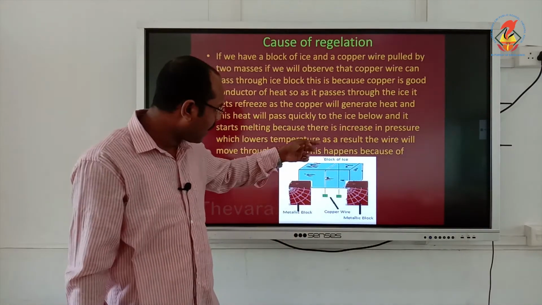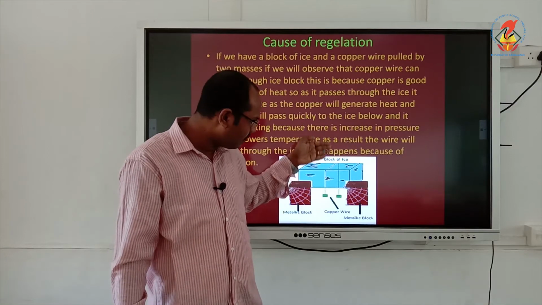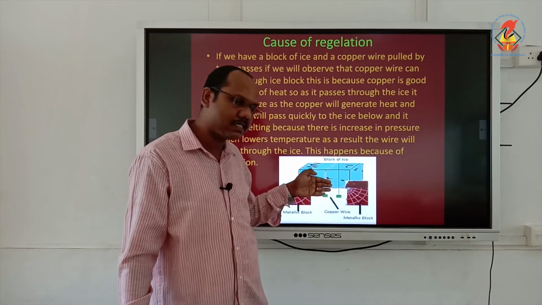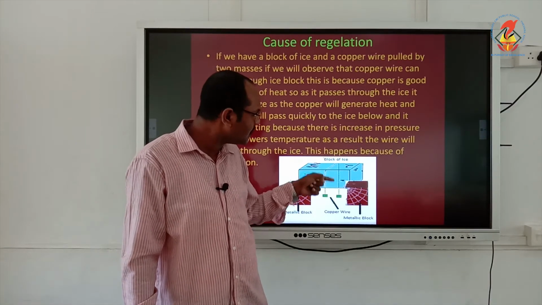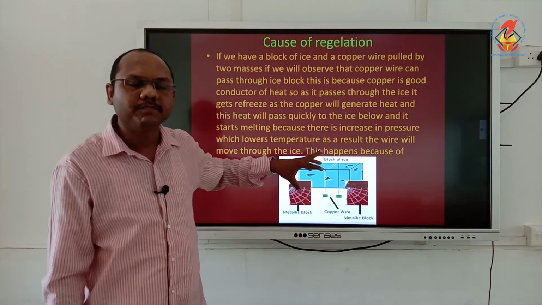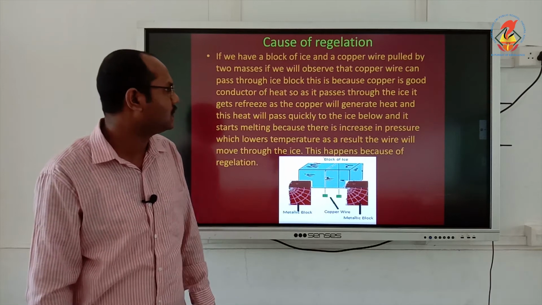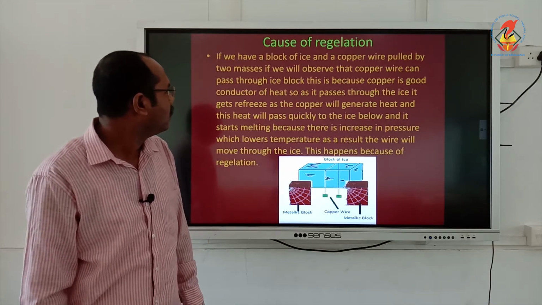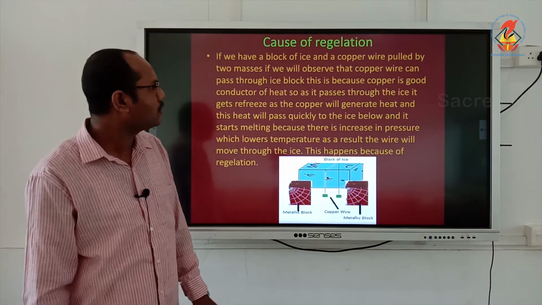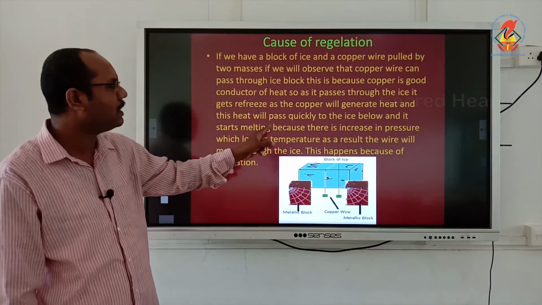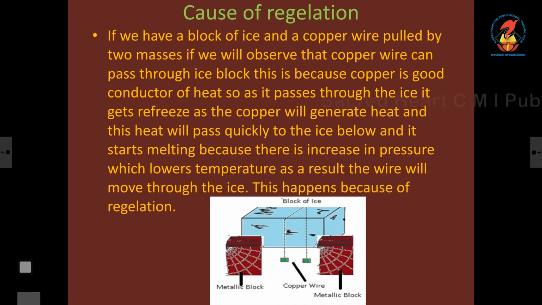So the ice melted when the wire passed through it, and as soon as the wire passes, the water will refreeze back to ice. The copper will generate heat, and this heat will pass quickly to the ice below it and it starts melting because there is increase in pressure.